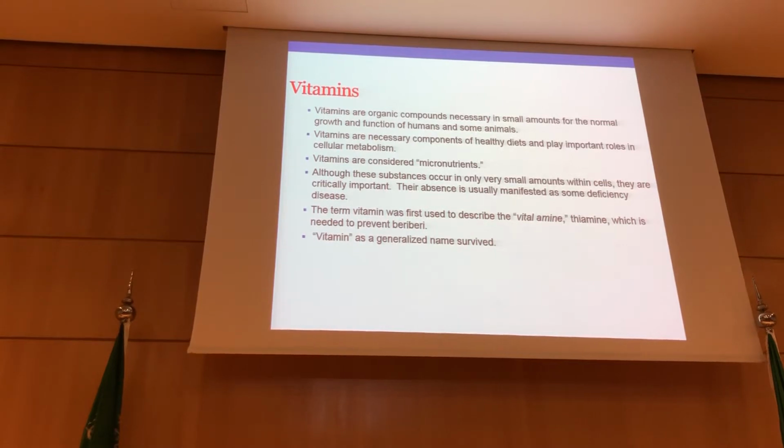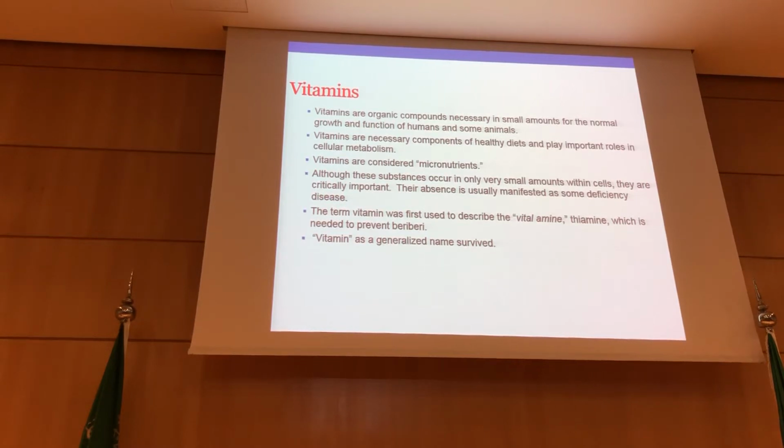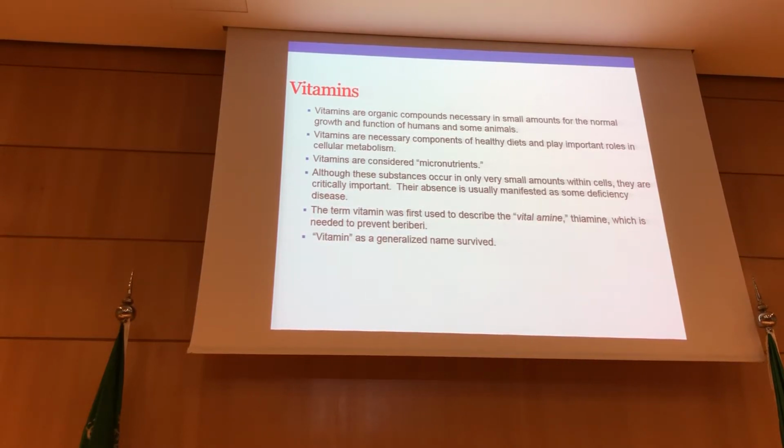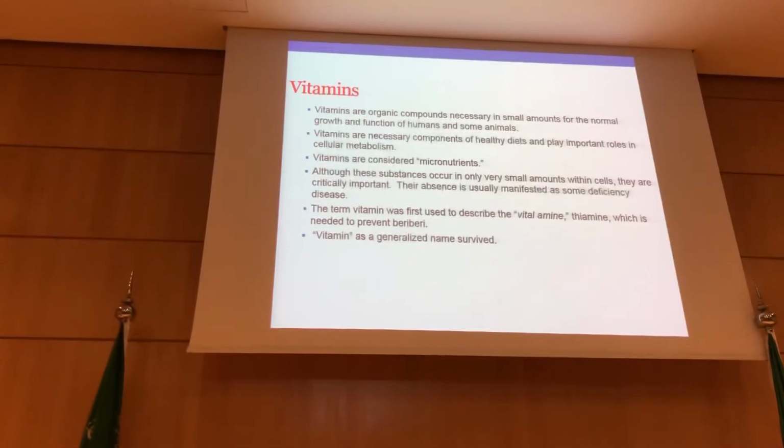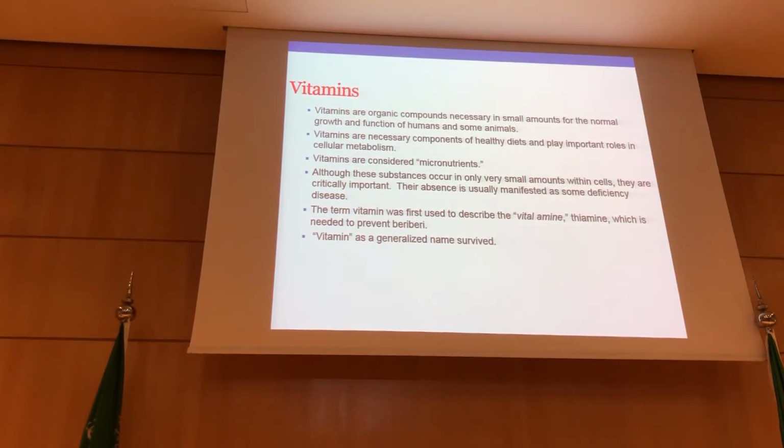Compared to macronutrients, for example, carbohydrates, lipids, and protein are considered as macronutrients because they are required in large amount, whereas vitamins and minerals are required in the body in small amount. That's why we consider them as micronutrients. They are necessary for our metabolism, for healthy diet. Most of the vitamins are taken by the diet, and very few of them can be synthesized in the body.